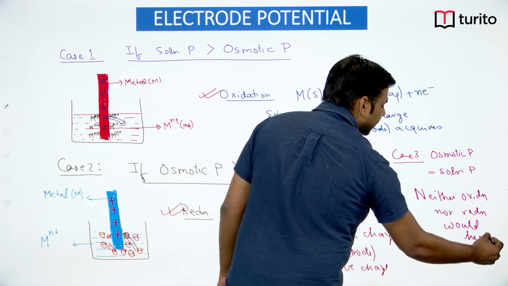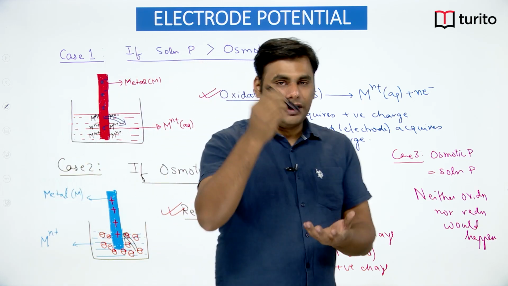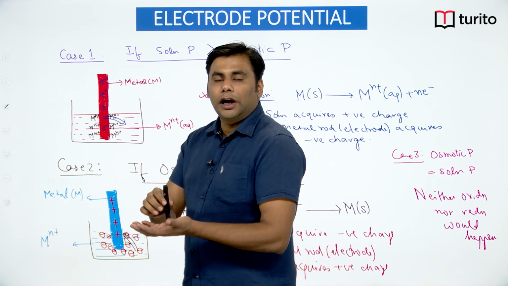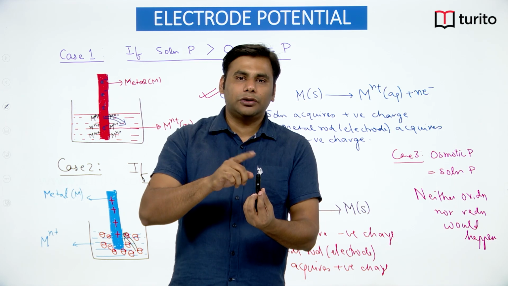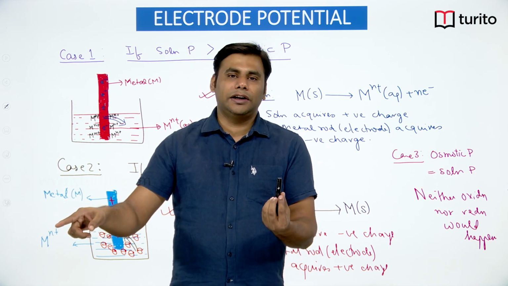So I'll just quickly revisit what I am saying. I have taken a metal rod and dipped it in a solution containing the metal ion. Now there are two things that can happen. The metal has a tendency to get oxidized, and the metal ion has the tendency to get reduced.